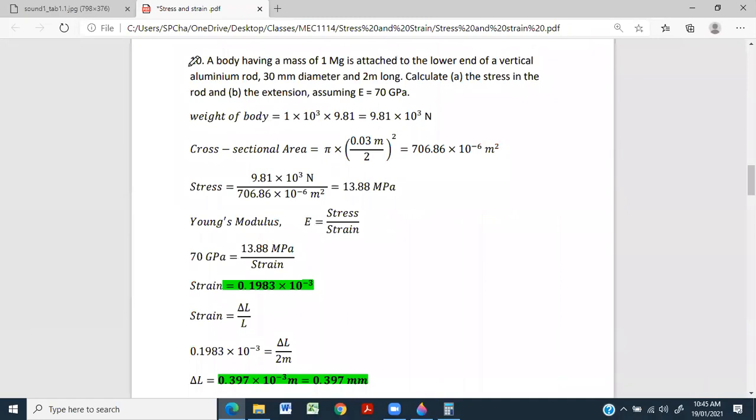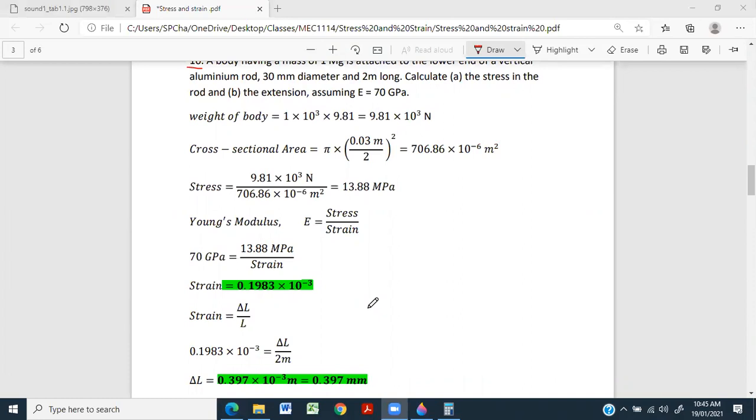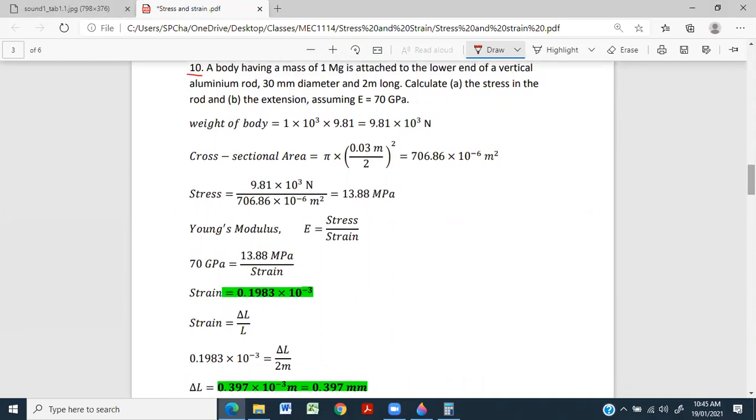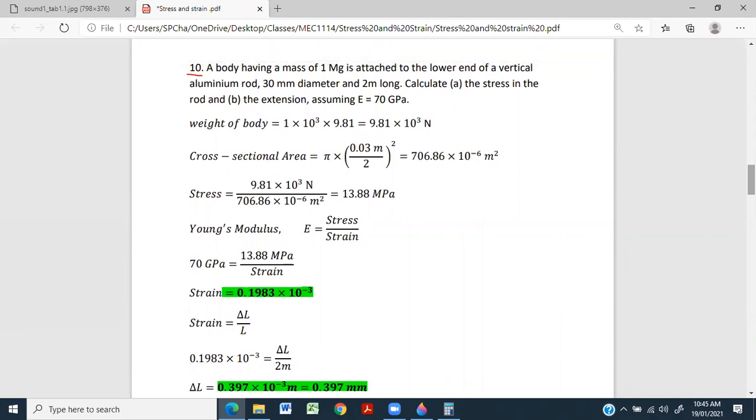So number 10. A body having a mass of 1 megagram is attached to the lower end of a vertical aluminum rod, 30 millimeters in diameter and 2 meters long. Calculate A, the stress in the rod, and B, the extension, assuming E to be 70 gigapascals.